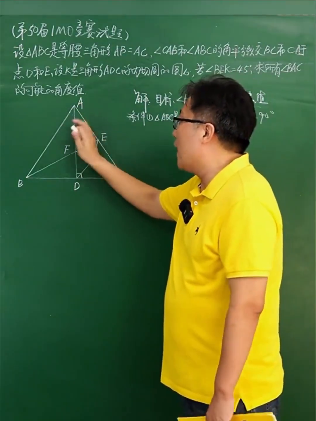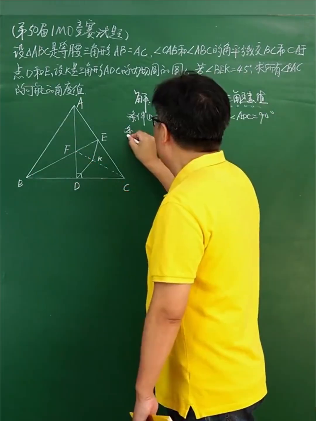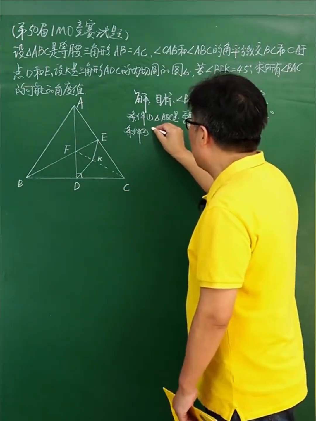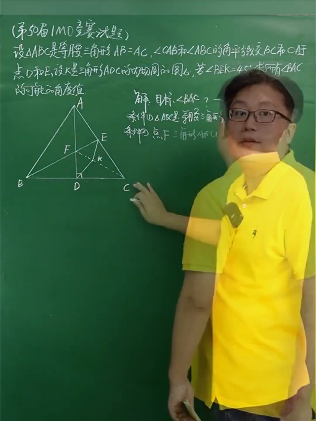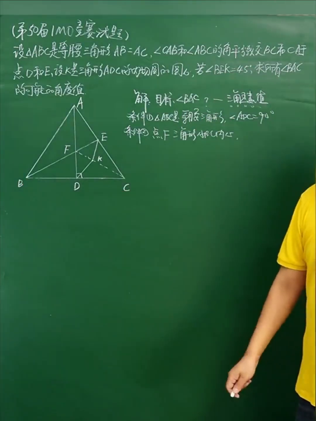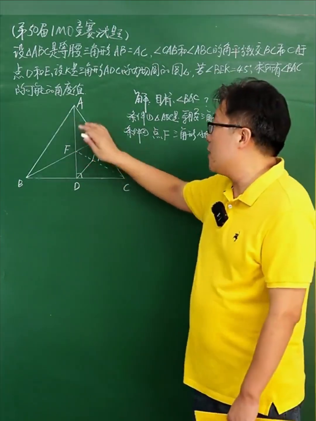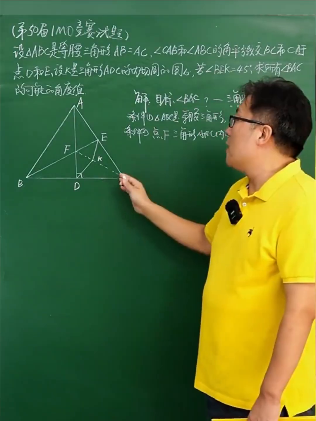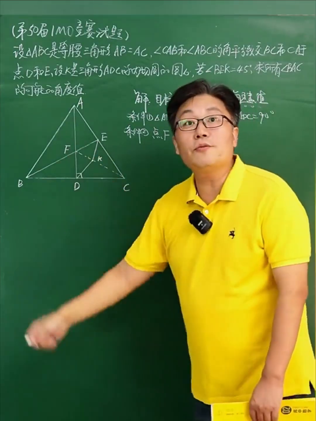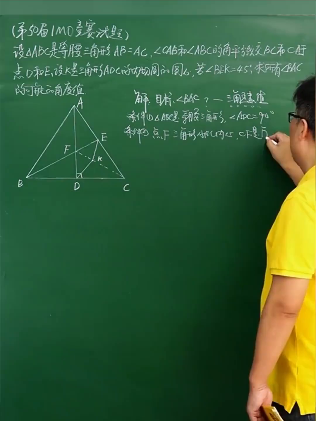Since BE and AD are both angle bisectors within this triangle, their intersection point should meet certain conditions. What we can deduce is that point F should be the incenter of triangle ABC. Since it's the incenter of triangle ABC, if we connect CF, then CF is obviously the angle bisector of angle ACB. The three angle bisectors of a triangle intersect at one point.